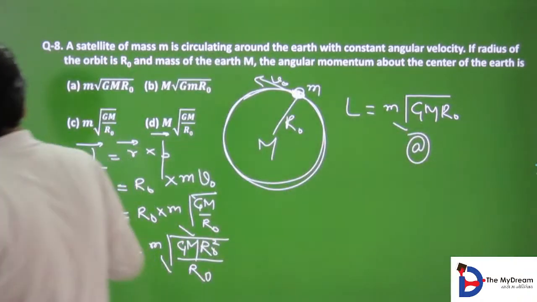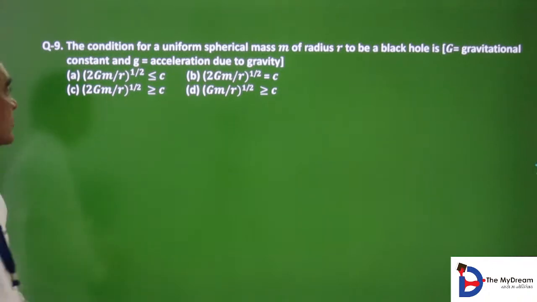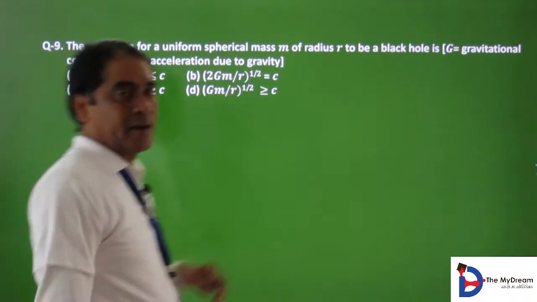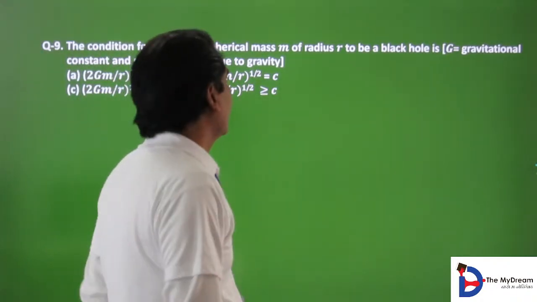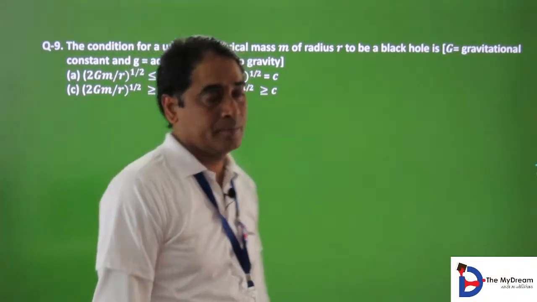Now, the condition for a uniform spherical mass small m of radius small r to be a black hole.